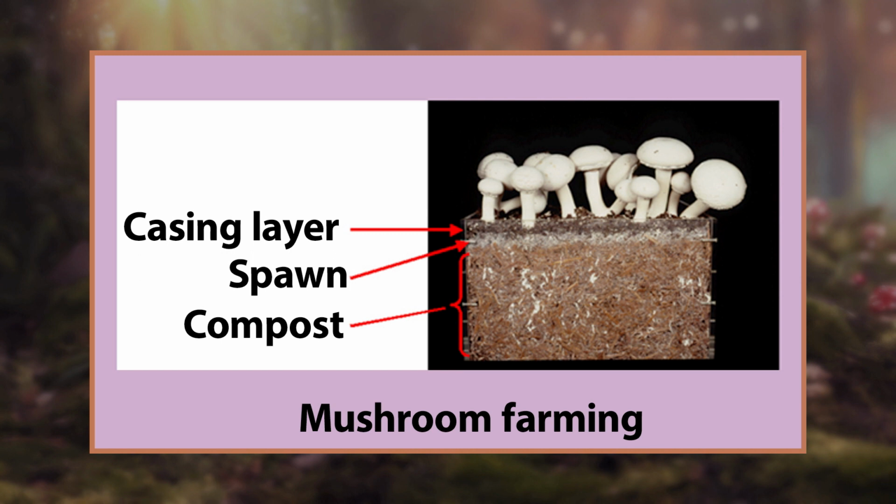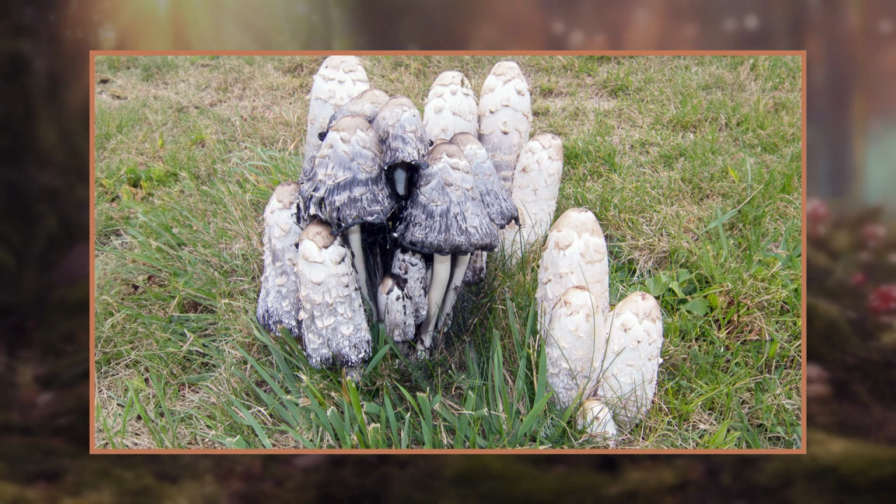The casing layer is the material used to cover the mushroom compost after complete colonization to induce the transition from vegetative to reproductive growth. However, this step is not mandatory for all mushroom species, being essential for Agaricus mushrooms and optional for Pleurotus species and Coprinus comatus.